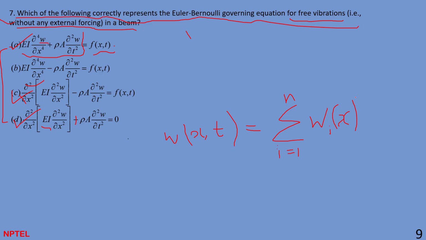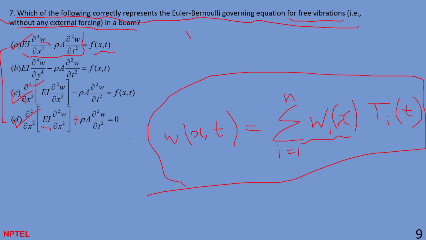It's a product of a spatial function, which only depends on the beam's position with respect to the origin, and a temporal function, which only depends on time. Please do remember this equation too.